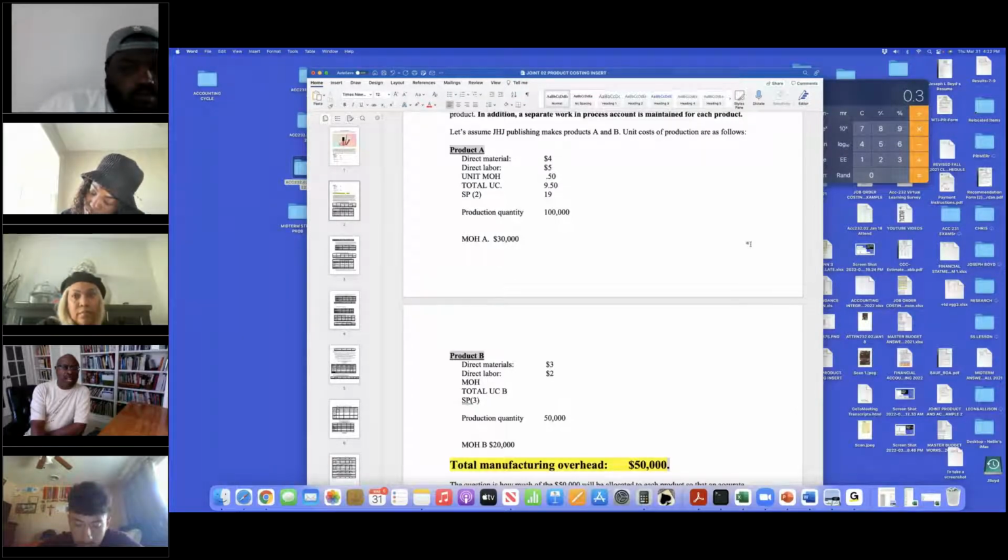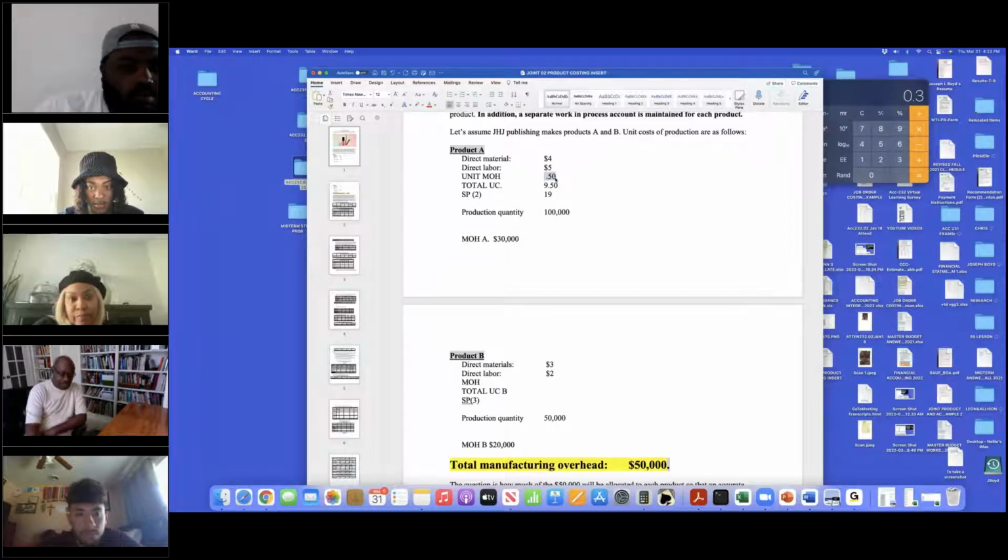Now for product A, the 5 and the 4 don't change, but the unit MOH cost is now what? That's 0.3. So now our total cost is what?